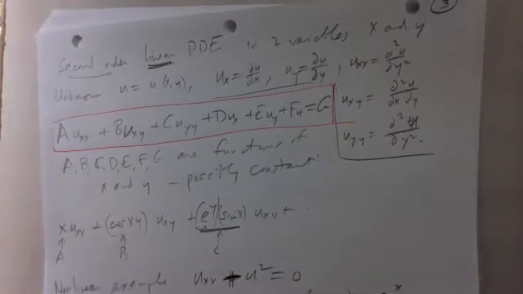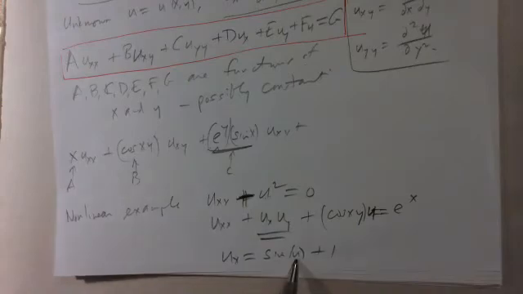Because here I have a product of two of these partial derivatives of u, so this is a nonlinear equation. Or ux equals the sine of u plus 1, right?